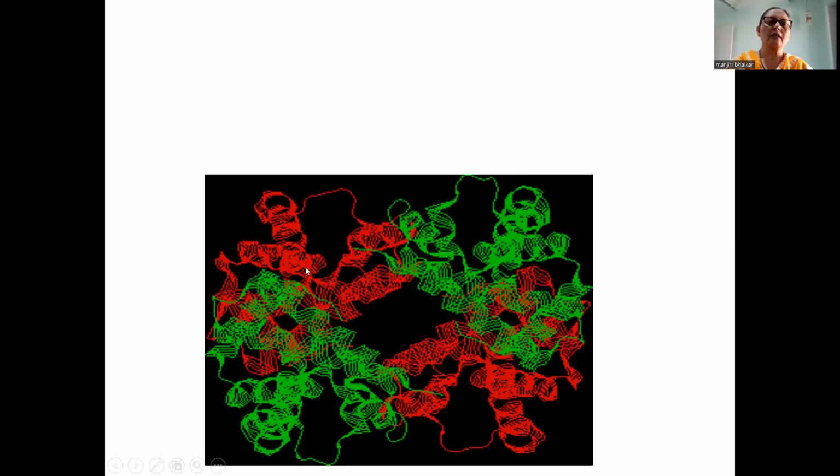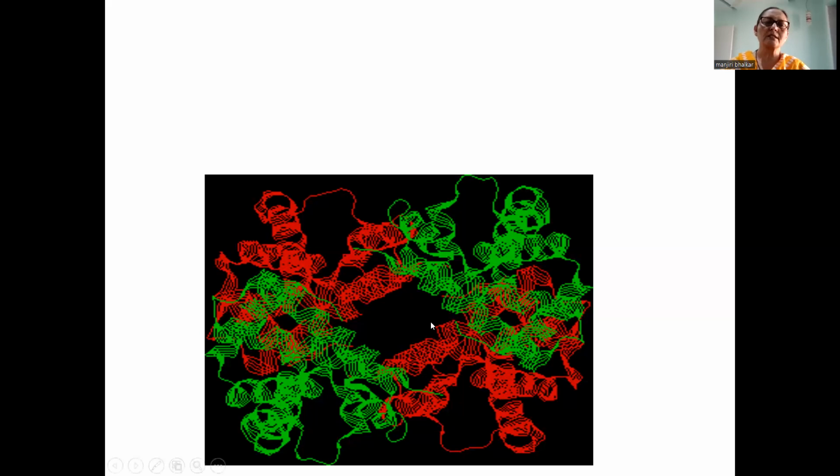Now each alpha globin chain will interact with the other type of chain, the beta chain, and there is no direct interaction between the two alpha globin chains or two beta globin chains. So the interactions will be only between the alpha and the beta. There is no interaction between beta-beta or alpha-alpha, similar types of globin chains.